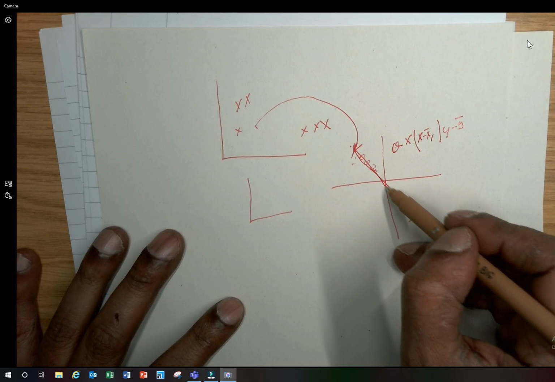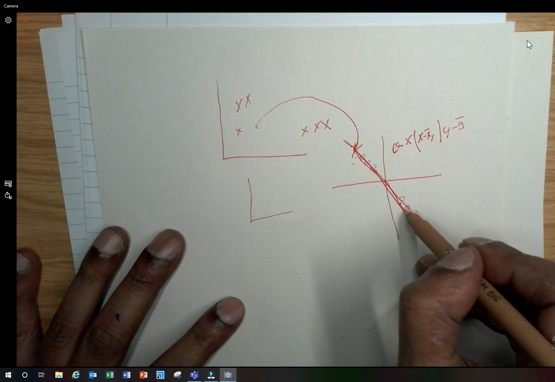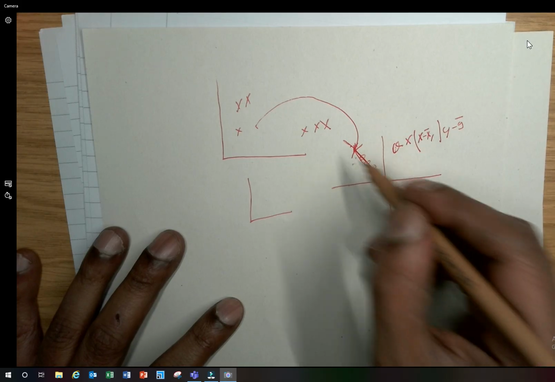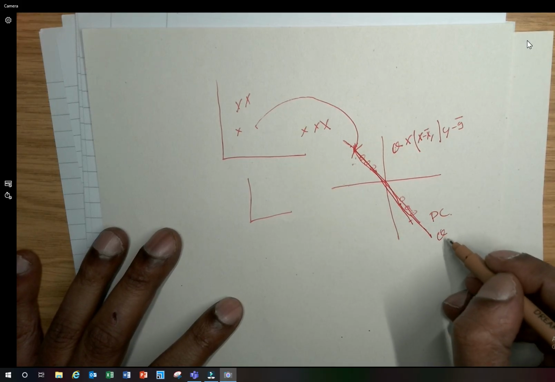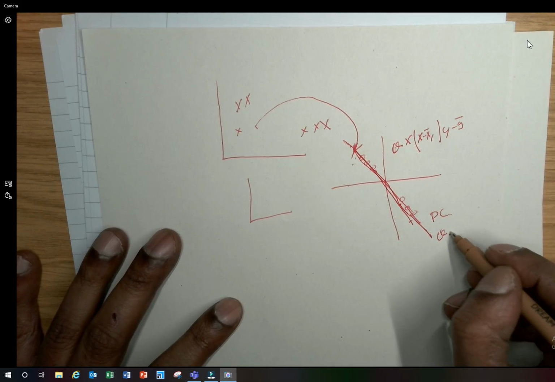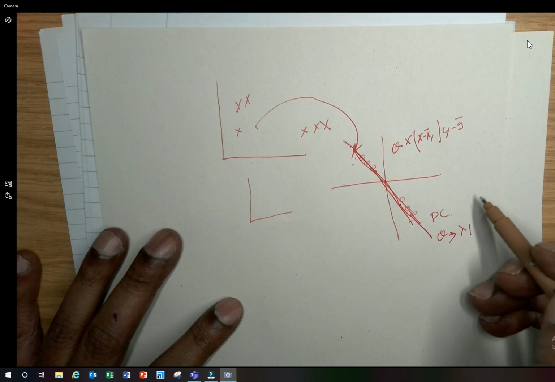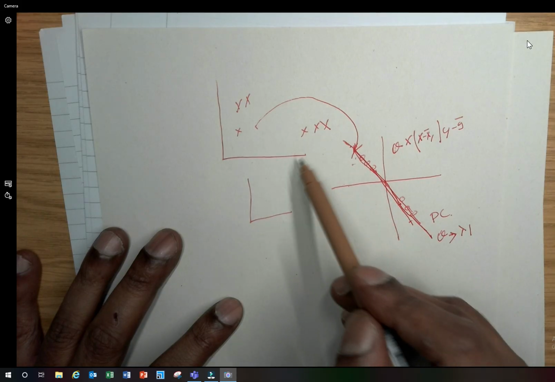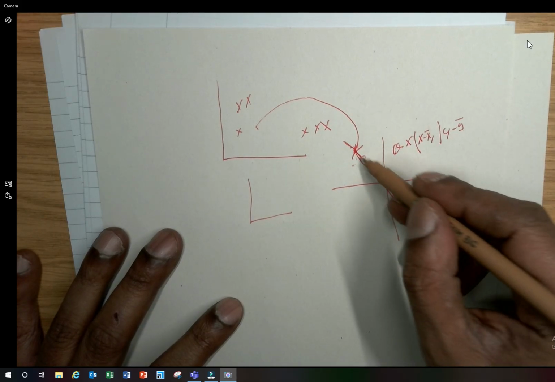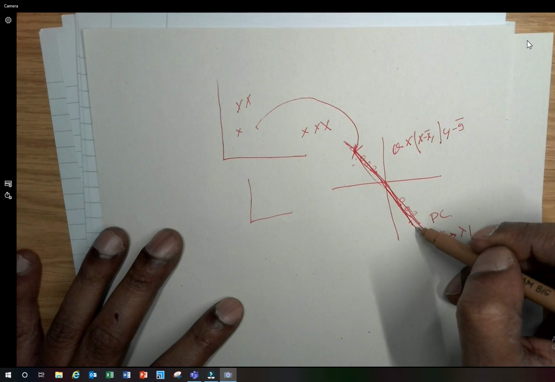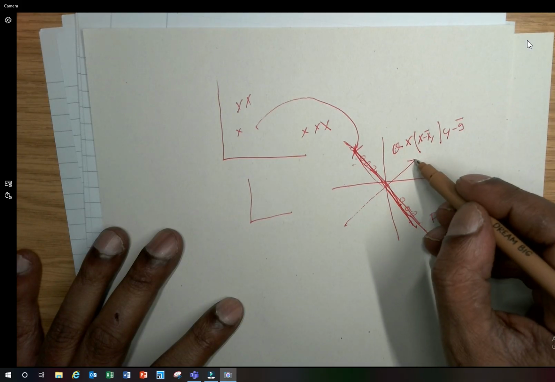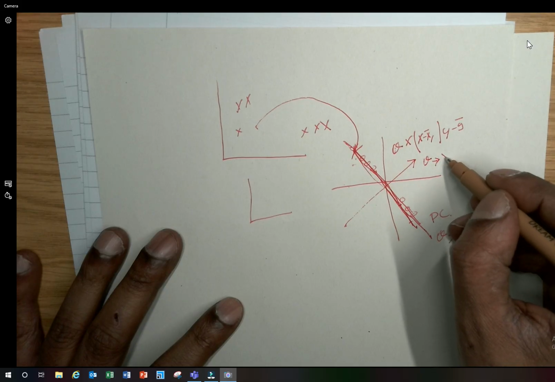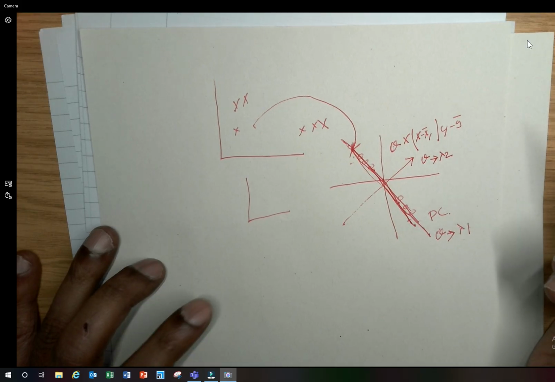This component, which we call the one-dimensional component or PC1, is nothing but the direction of the eigenvector that corresponds to the eigenvalue lambda 1. We also know if you have two variables, you also get two components, and the second component will be perpendicular to the first principal component. That is nothing but your eigenvector that corresponds to the second eigenvalue, lambda 2.